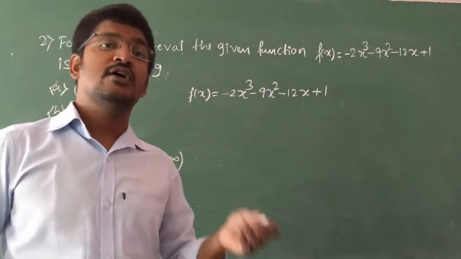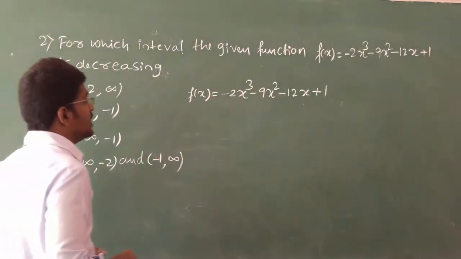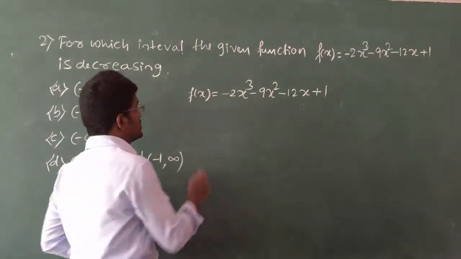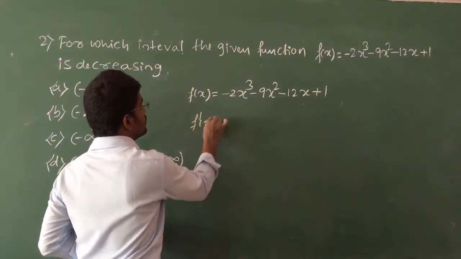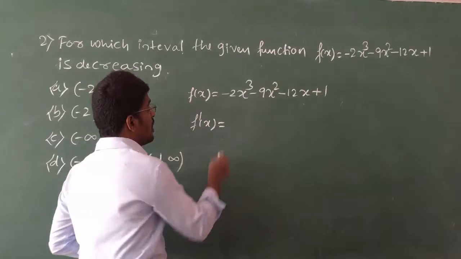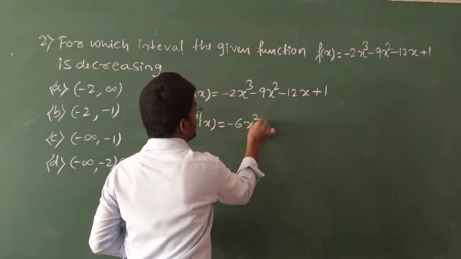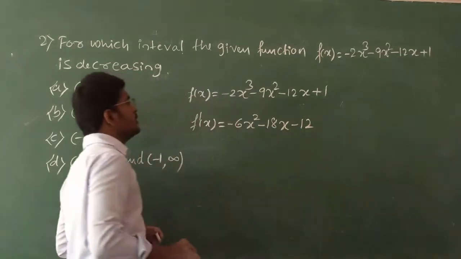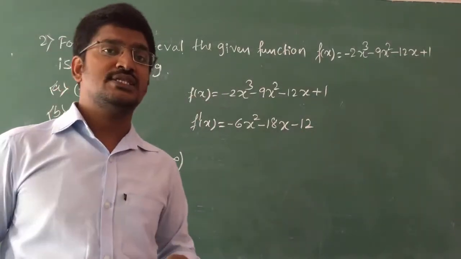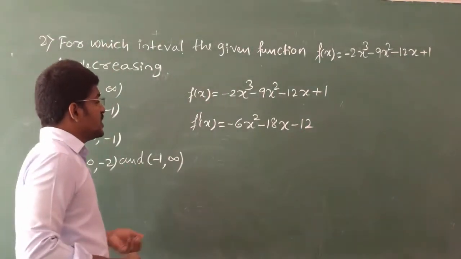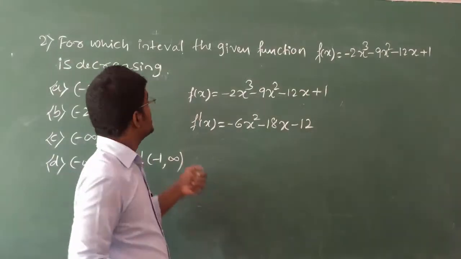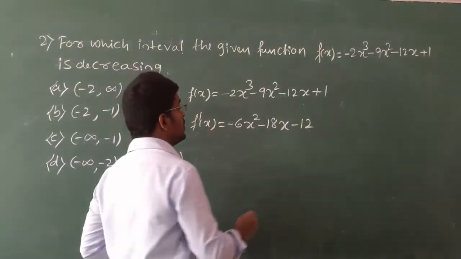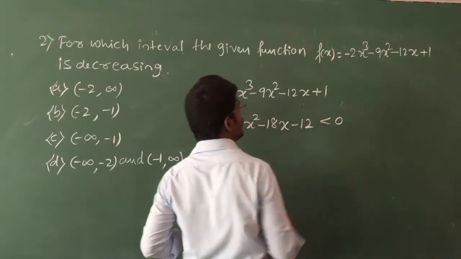Now let us see by differentiating what your f dash of x will be. So f dash of x will become minus 6x square minus 18x minus 12. See here, f dash of x is also negative. As they have said it is decreasing, no problem, f dash of x is lesser than 0.